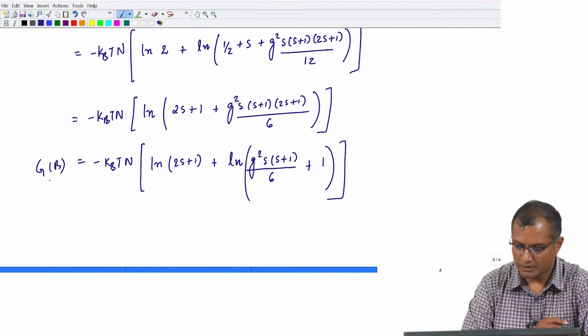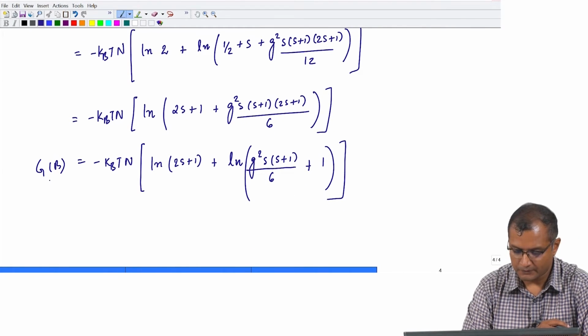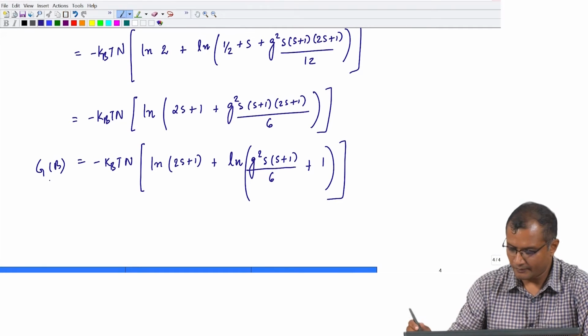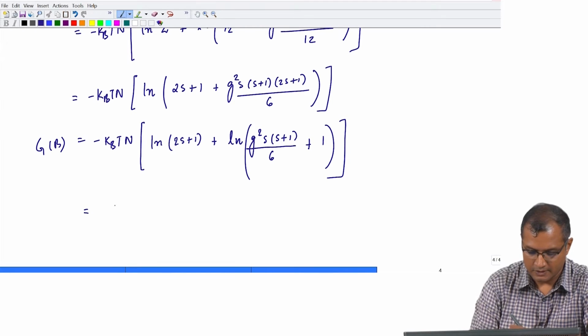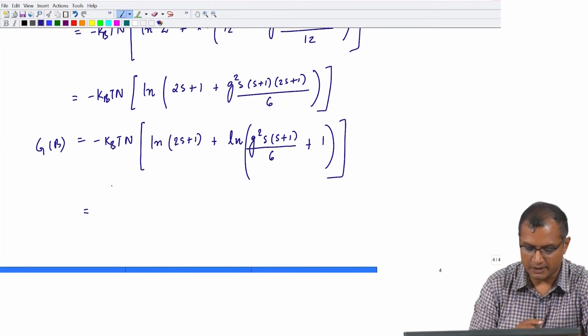The first term here has no magnetic field dependence.